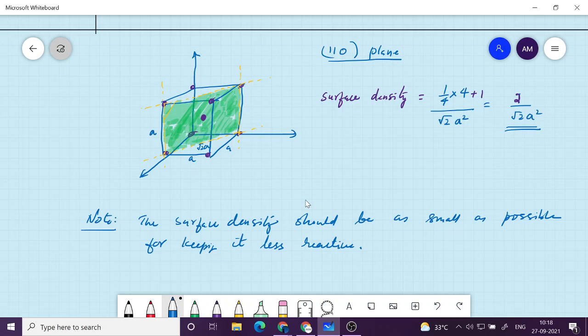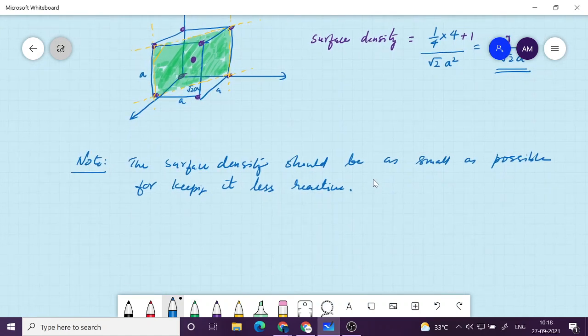If there are more atoms or more lattice points sitting on the surface, then the surface density will be larger, and there are more atoms having unsatisfied bonds. Because you are terminating a 3D structure on the surface, and above that there are no more atoms. So the atoms on the surface can only make bonds with what is underneath. There are no atoms available on top of it. That is why the reactivity is larger on the surface.